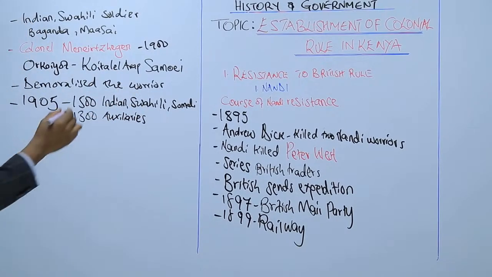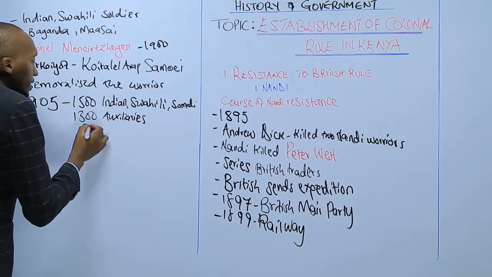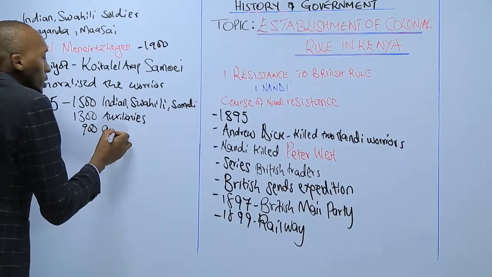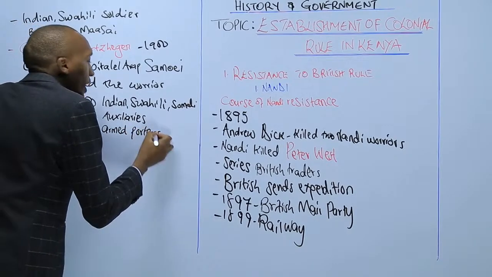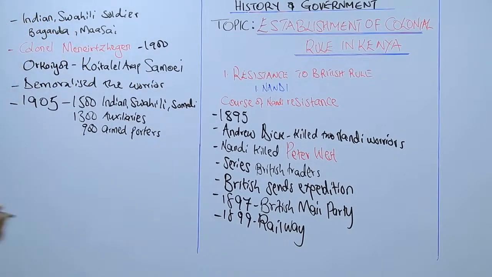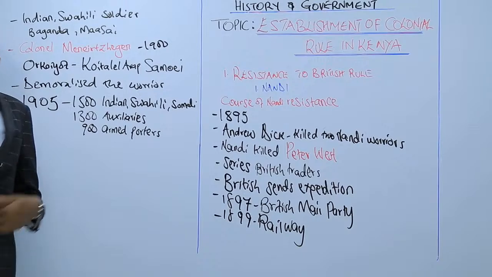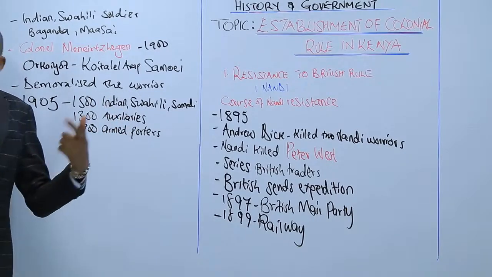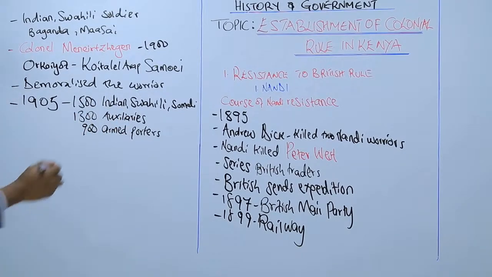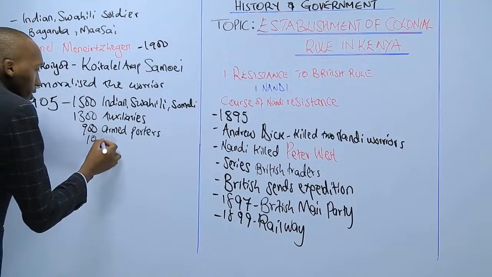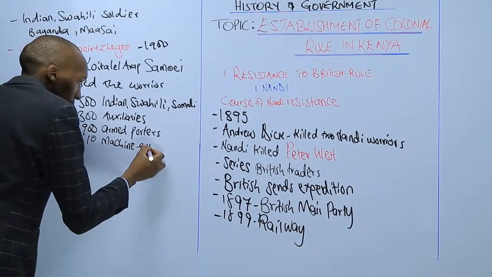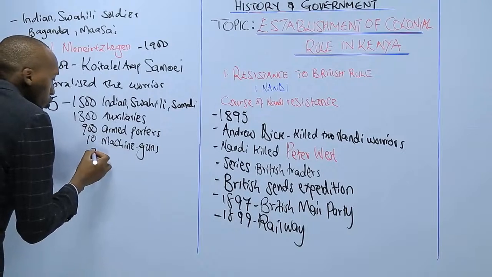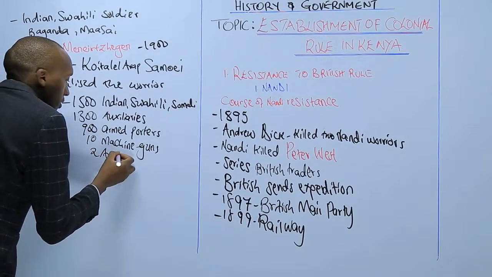Apart from that, they also armed 900 porters. These were the people who were carrying the trading items from the interior into the coast, the porters. So they armed them, and also they had 10 machine guns and 2 armored trains.